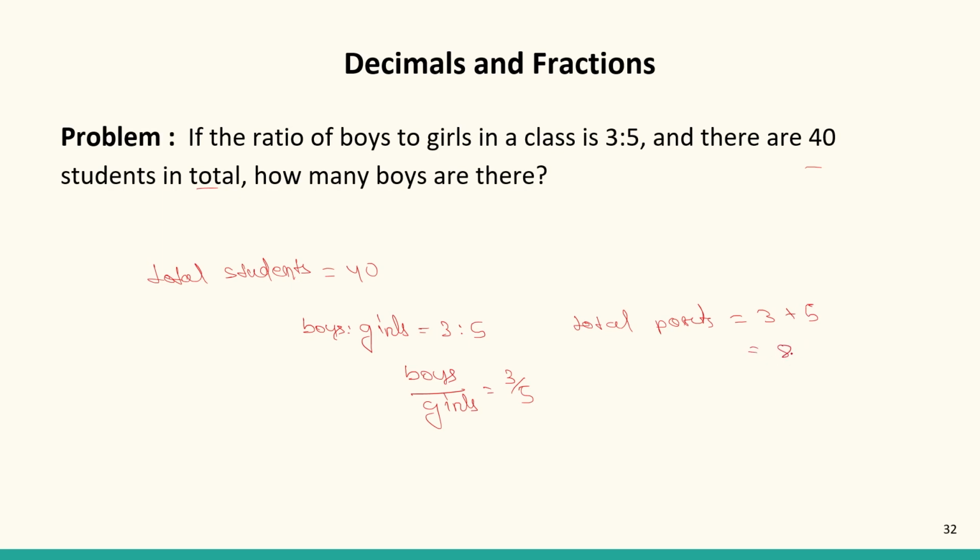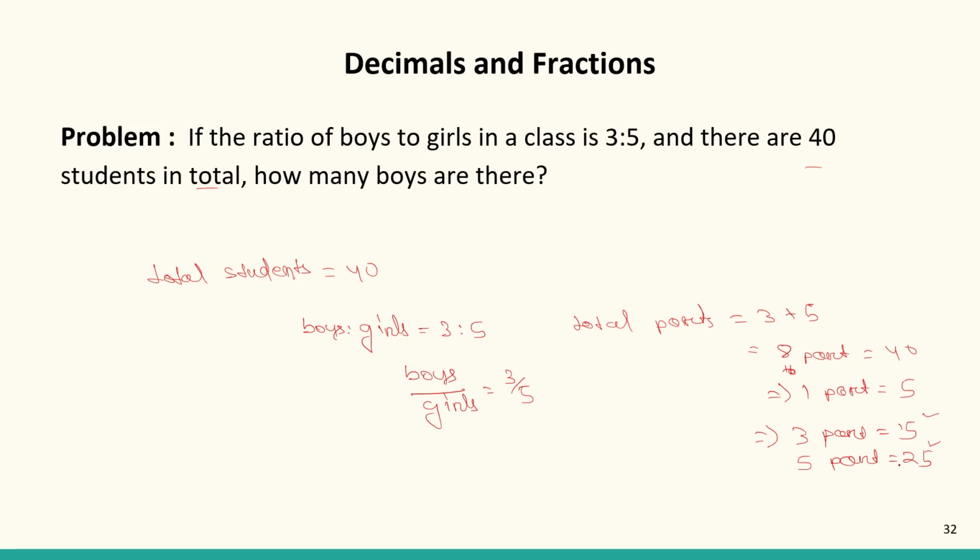So 8 parts is equal to 40. This implies that 1 part is equal to 5. So 3 parts is equal to 15 and 5 parts is equal to 25. So the number of boys is 15 and the number of girls is 25.